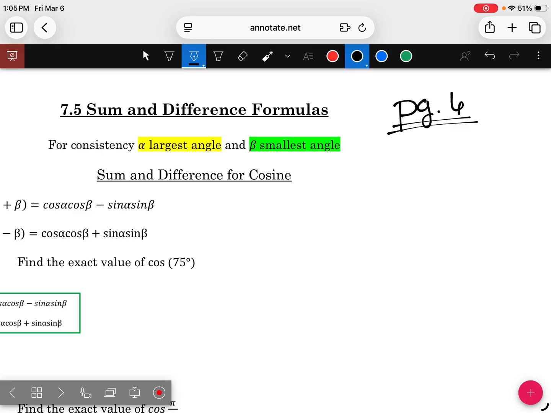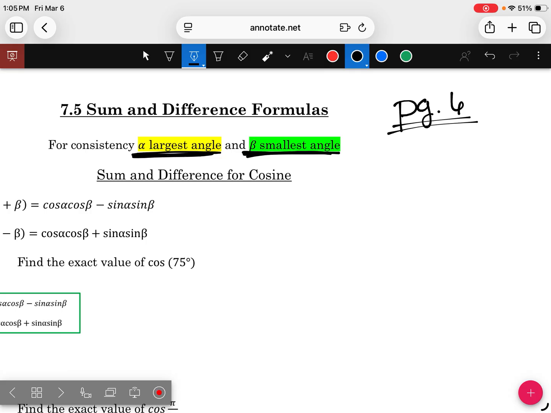Now, in order to be consistent, because we're always going to use 2 angles on our unit circle, can you highlight or underline that alpha will always be the bigger angle and beta will always be the smaller angle? We're just going to be consistent, even though for addition, it doesn't matter. We'll just always say the bigger angle is alpha.